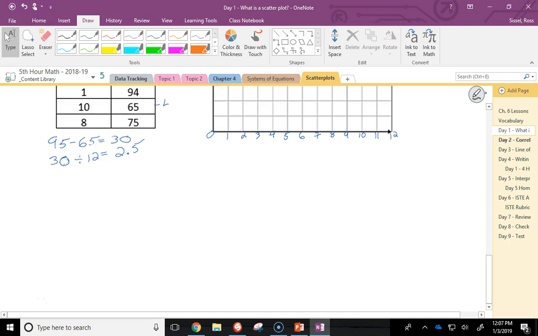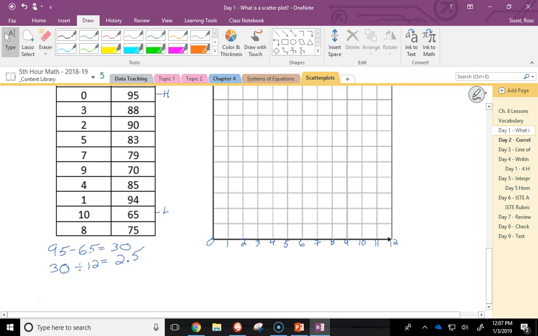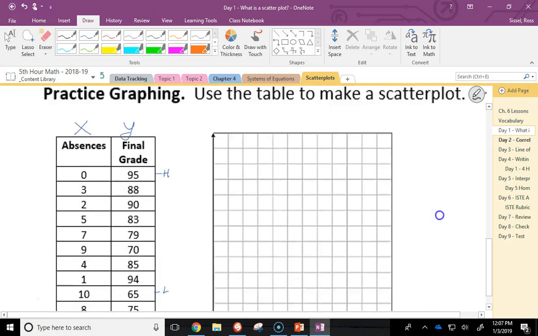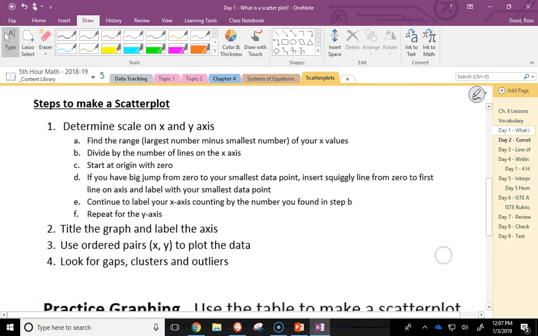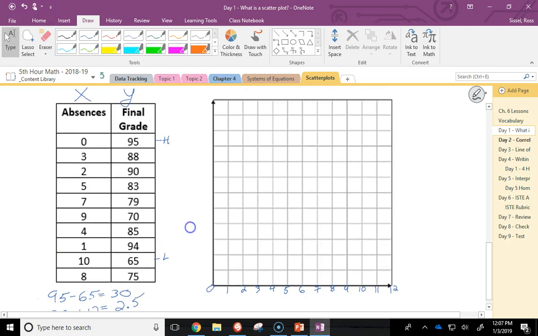But here's a change. If I'm not going to start at the very first, we would have to do a big squiggly line. If I look at this, I'm going to show you why. On my y, do I want to go 0, 3? What's my smallest score? 65.